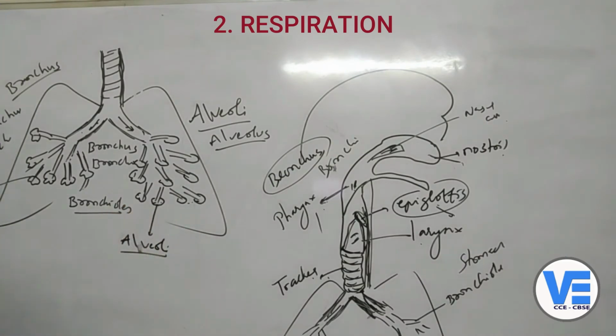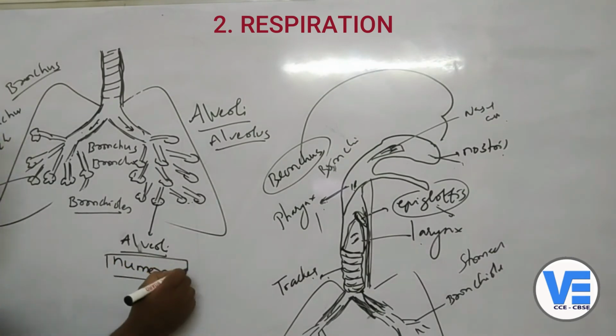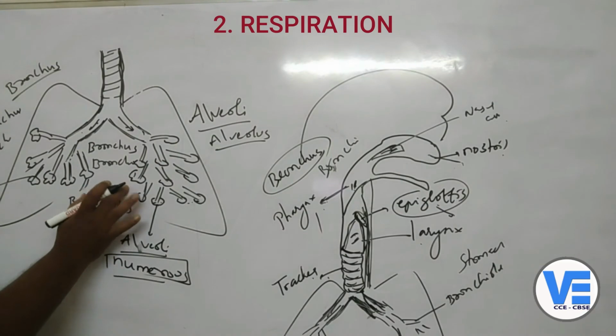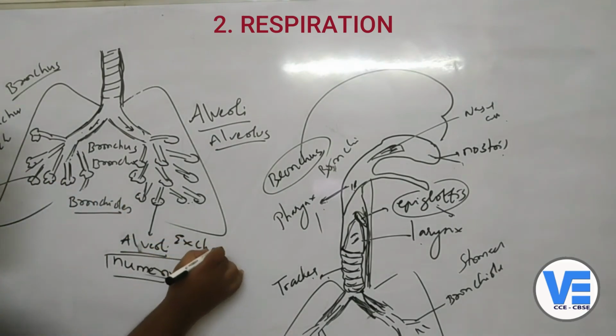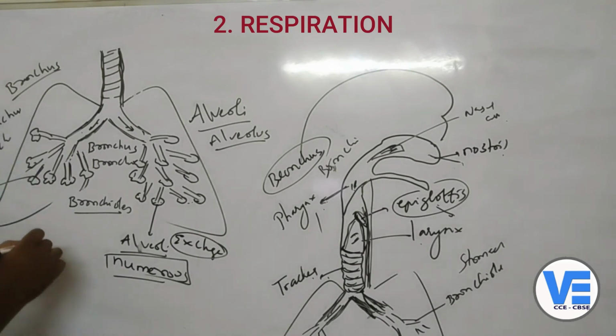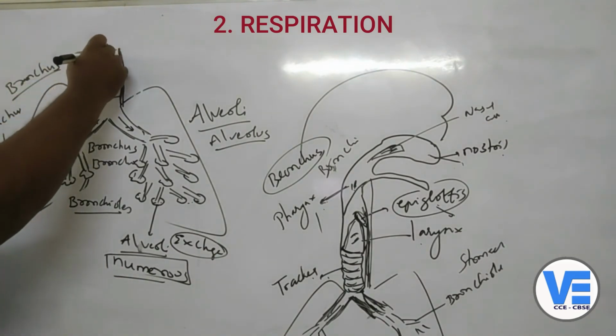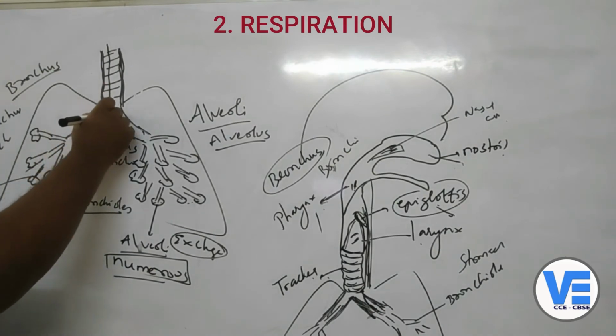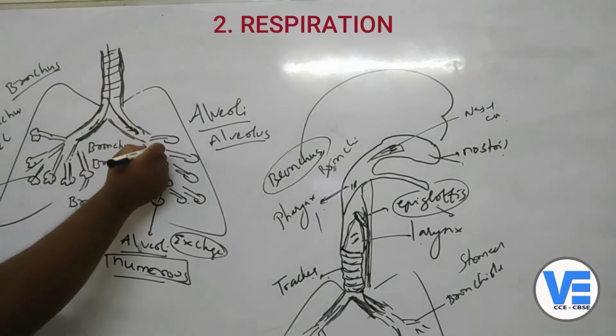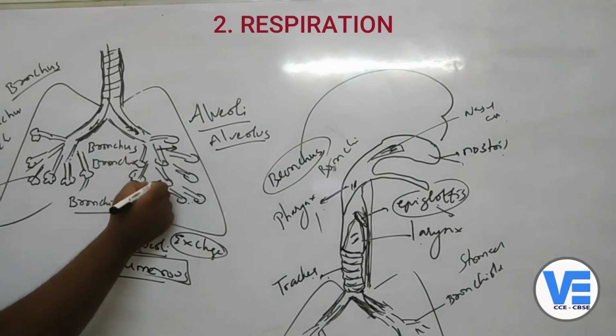One is called an alveolus, and all together are called alveoli, and they are numerous, very large in number, and responsible for the exchange of gases. Whenever the air comes into the trachea and then travels into the bronchi, it enters the bronchioles and then the air sacs.